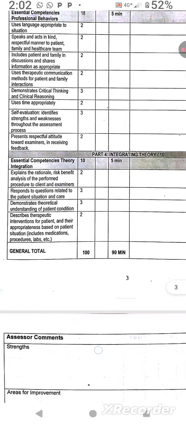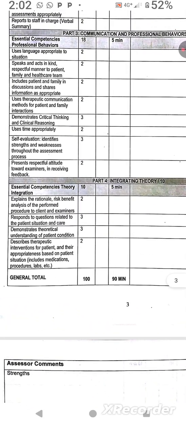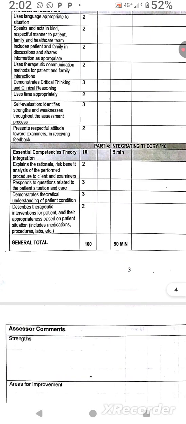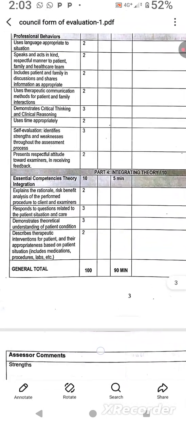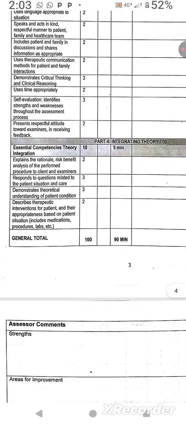You should use appropriate language, whether English, French, or Swahili, depending on the language spoken by the patient. Speak and act in a kind, respectful manner to the patient, family, and healthcare team, out of 2 marks. The third includes patient and family discussion.